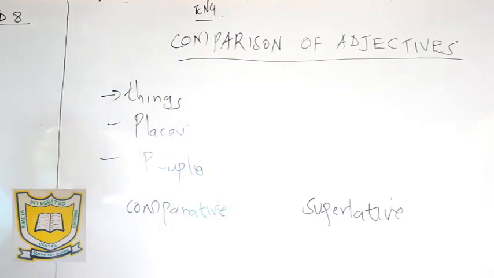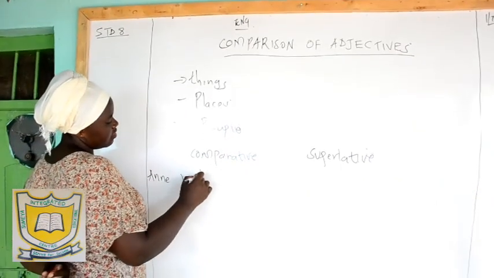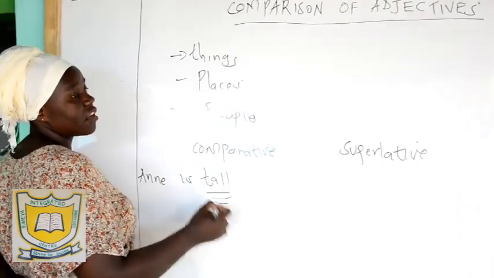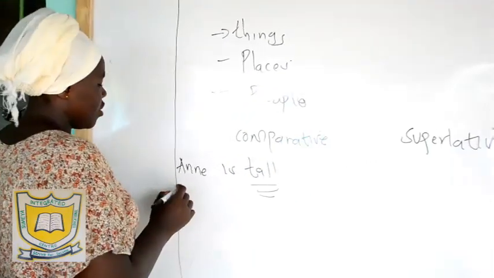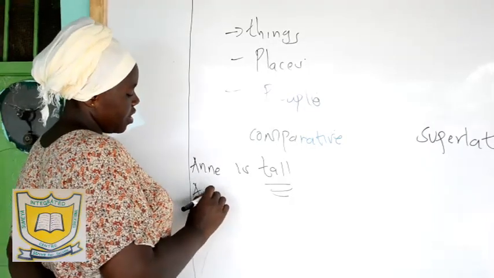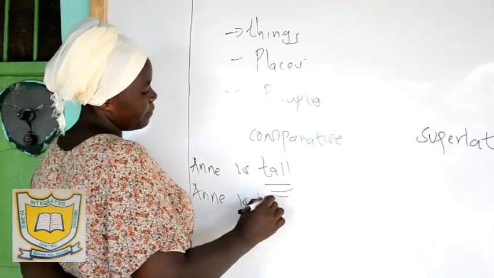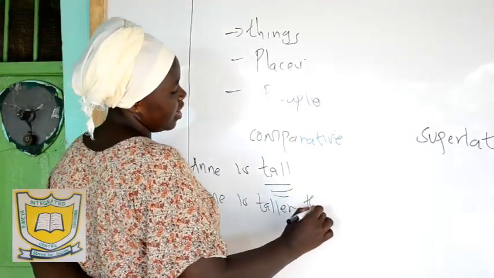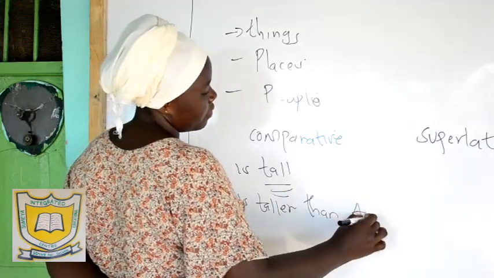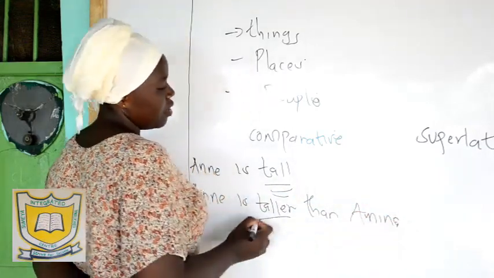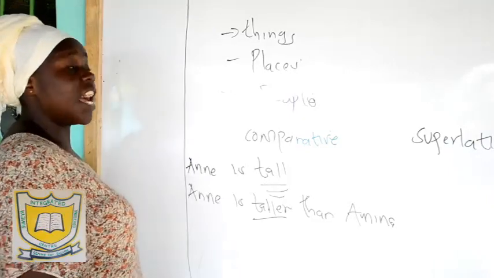Now, an example in a sentence. I'm going to say, Anne is tall. This is the positive degree of an adjective. Then I'm going to say Anne is taller than Amina. Taller gives me the comparative form of the adjective.